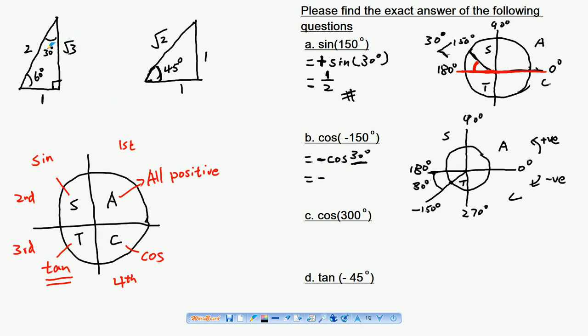So cos 30 degrees is adjacent on hypotenuse, which is square root of 3 on 2. Because it's in the third quadrant and only tangent is positive, cos is negative, so we have minus square root 3 on 2. If you put cos minus 150 degrees in your calculator, you will have this answer.